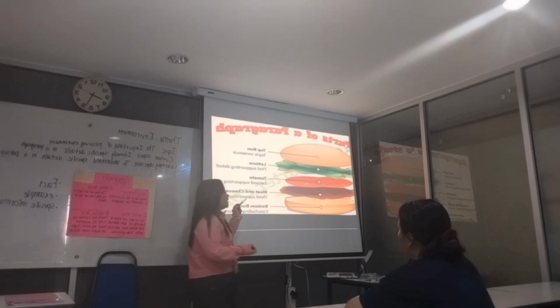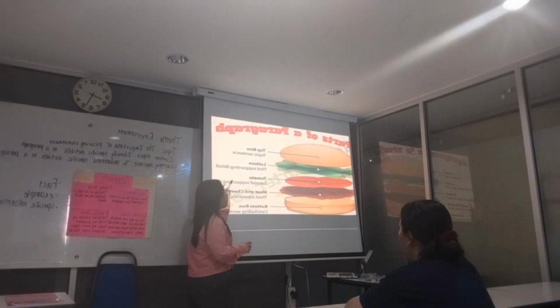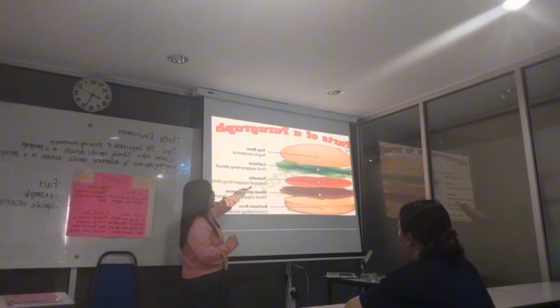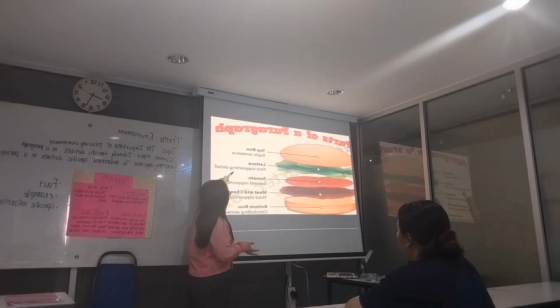The first one is representing the topic sentence. The topic sentence is the opening of a paragraph. And the lettuce is the first supporting detail. It can be fact, example, or any specific details. And we have here the tomato, which is a sentence that will help to support the first supporting detail.